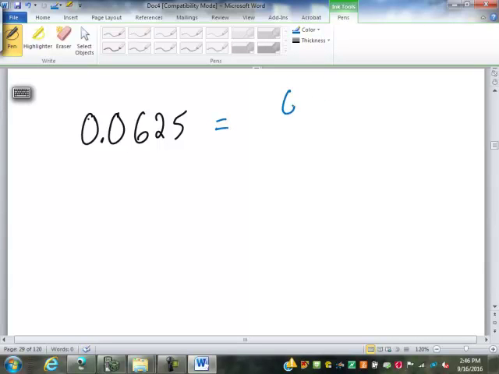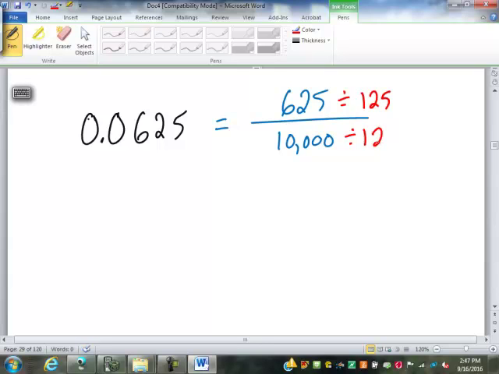So this is going to become 625 over what? 10,000. Good. And then they can both be reduced by what? 16. They'll reduce to 16. Both of them can be reduced by 125.